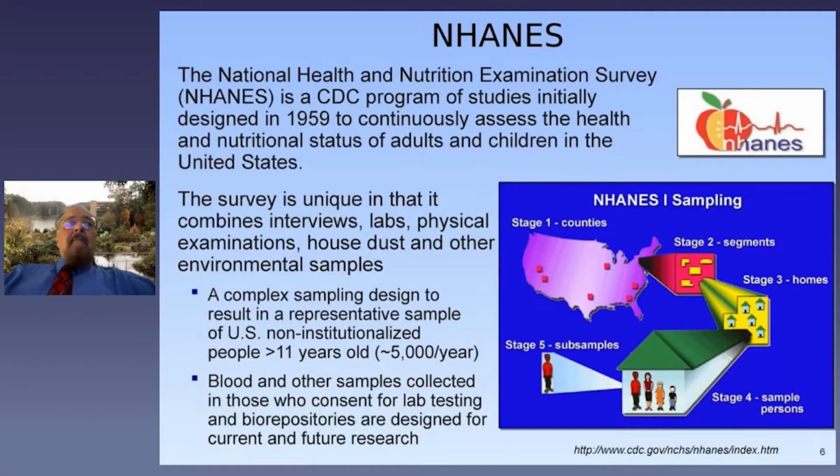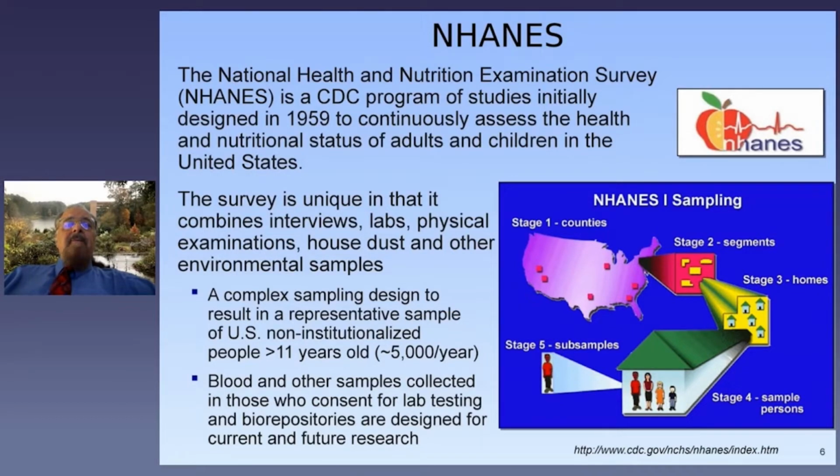I'm going to be talking about some information that came from NHANES, so I thought I'd spend a minute telling you what NHANES is. NHANES is the National Health and Nutrition Examination Survey, which is a CDC program initially designed in 1959 to continuously assess the health and nutritional status of people in the United States.